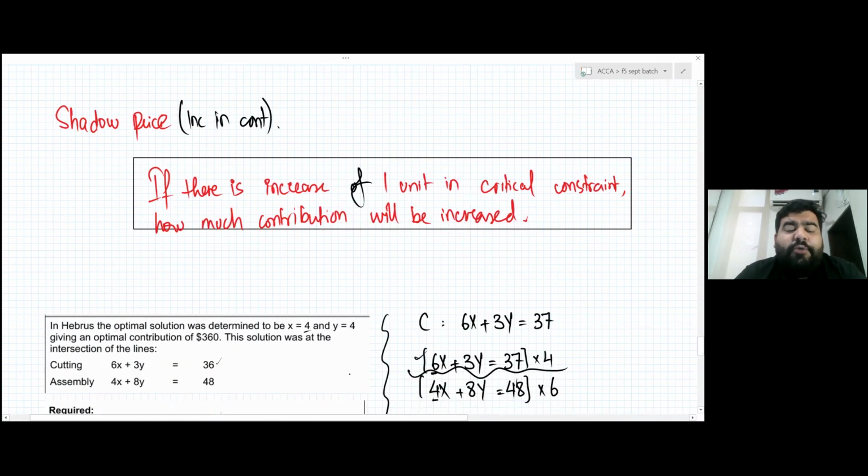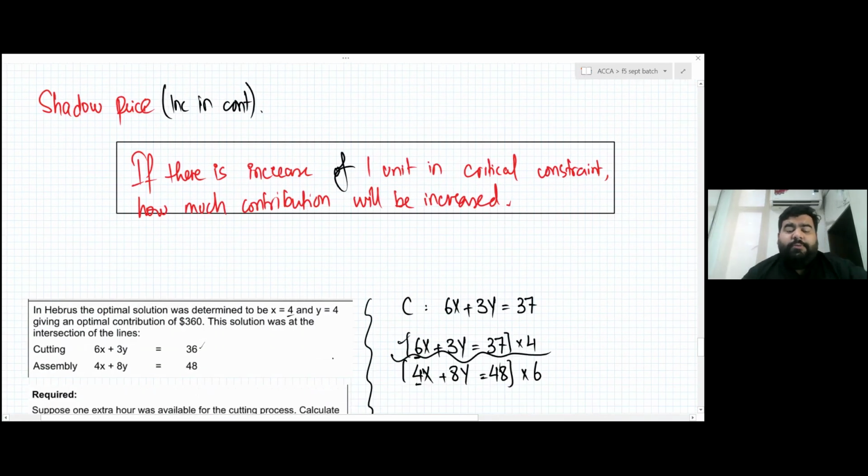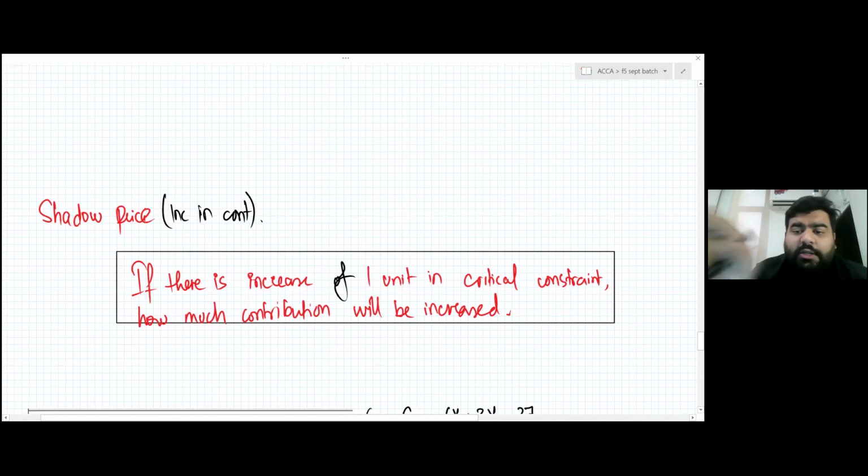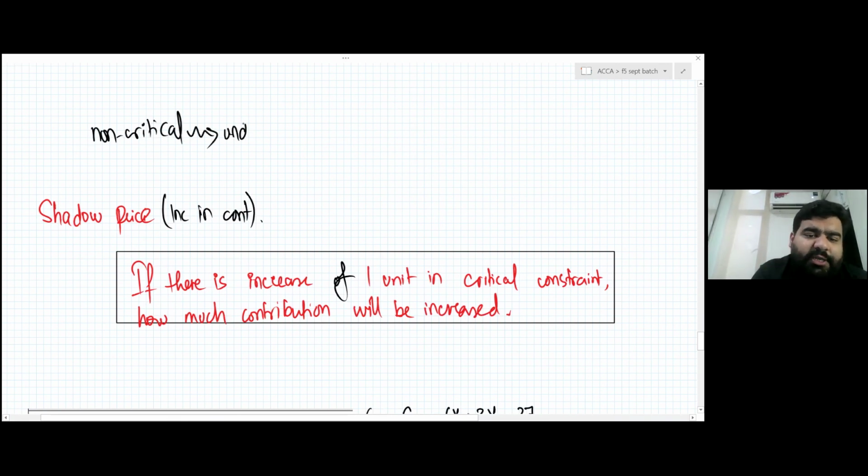So what is shadow price? Now you have to see this. We have discussed that one constraint is non-critical. It is clear that non-critical constraint means that it is underutilized.